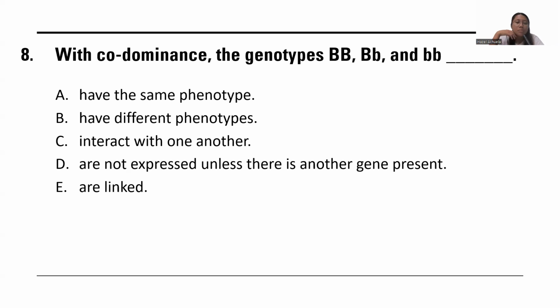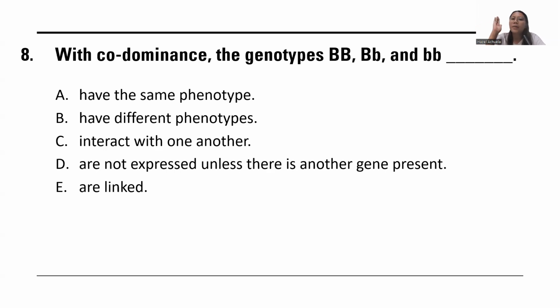Recall from the types of dominance na meron tayong iba't ibang klase, correct? Complete dominance, incomplete dominance, codominance, what else? Overdominance. Yung sinasabi ng complete dominance, the presence of the dominant allele produces the dominant phenotype. That's the type of dominance used by Mendel.